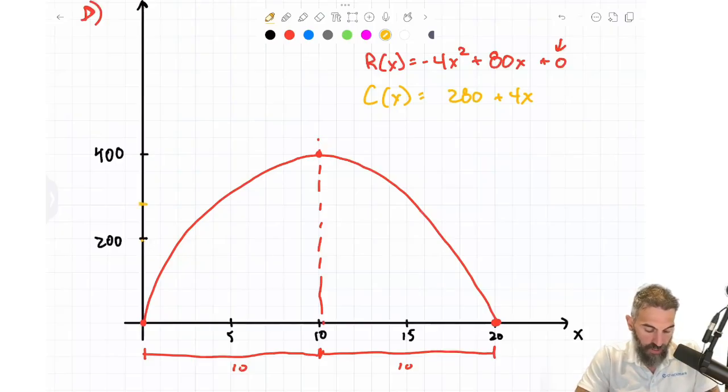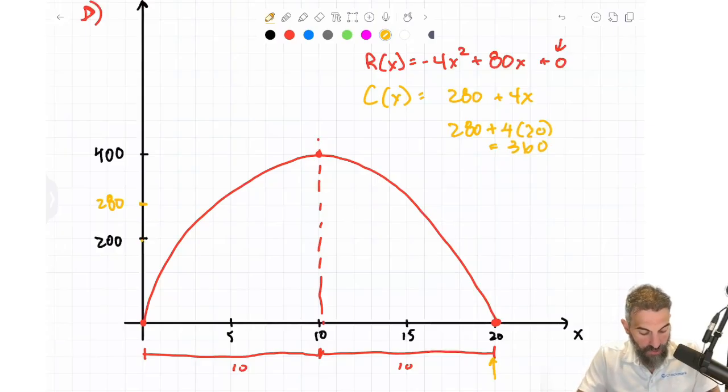So 280 would be right there. And now you need a line. What I like to do is take the end of my domain, which was 20, and plug it in. So if I plug in 280 plus 4 times 20, that would be 360. And so 360 would be right around here. And then we'll just connect those dots like this.